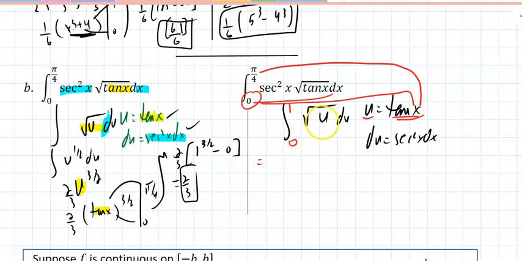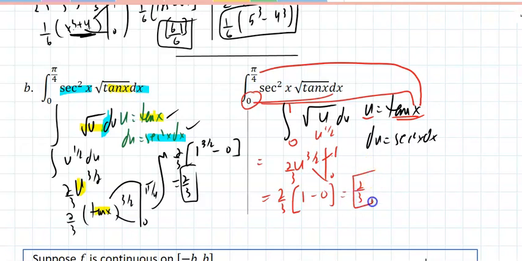I don't have to go back to x. This is u to the 1/2. Add 1 to the power. Divide by that. Evaluate it from 0 to 1. Throw the 1 in. 1 to the 3/2 is 1. Minus 0. That's 2/3. So I'm going to give you the option to do whatever you want. I strongly suggest you do that.